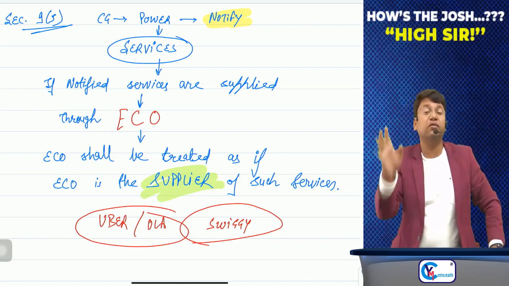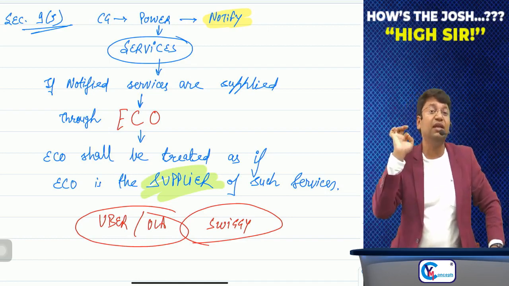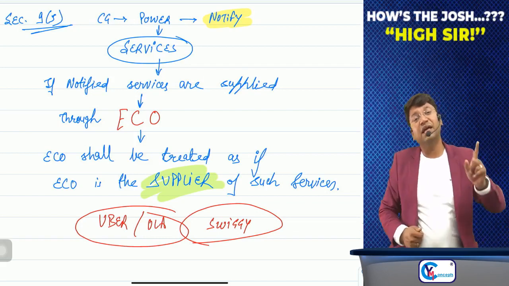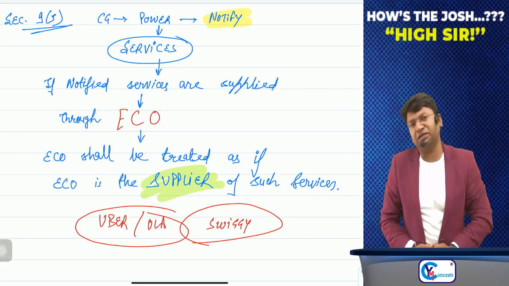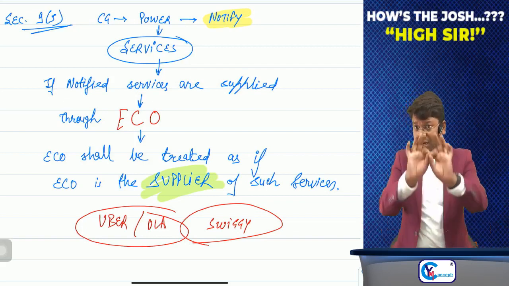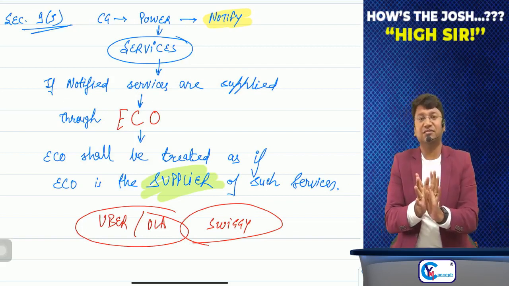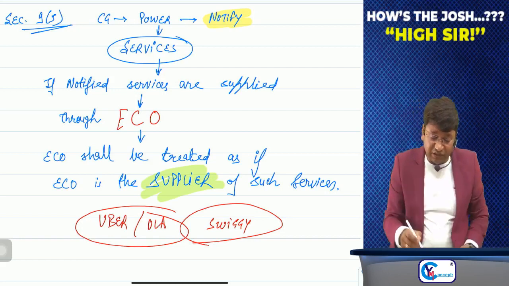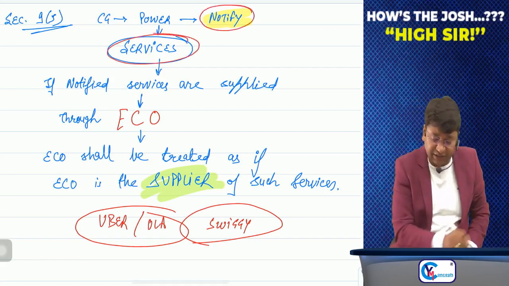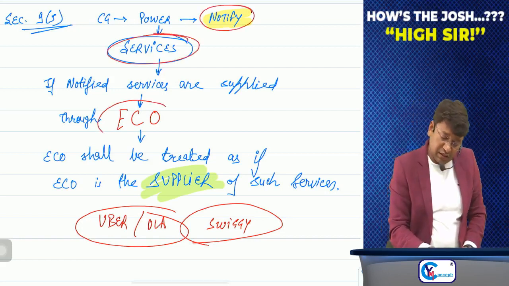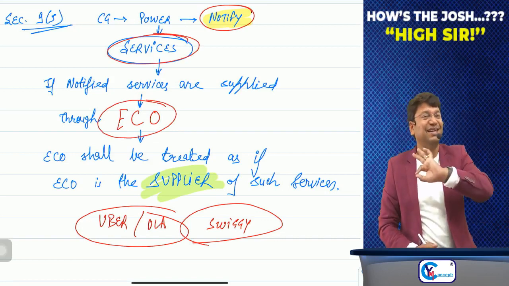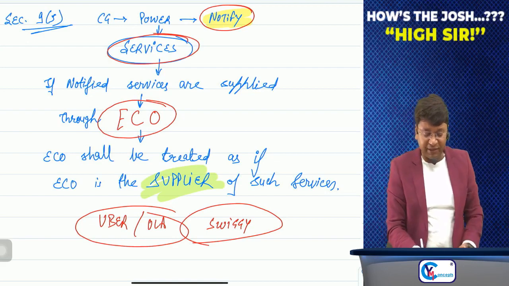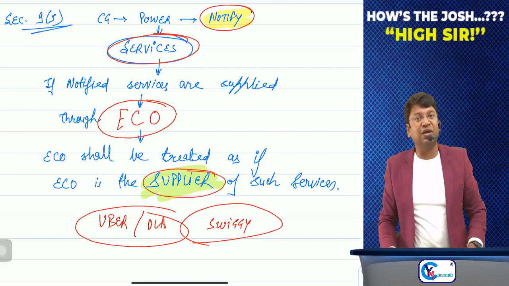And even if they are not having any representative office in India, then they will have to appoint a person in India who will pay the tax on their behalf. Clear? Sir, in case of these notified services, no choice. ECO will have to pay the tax. And ECO will be treated as if he is the supplier of such services.